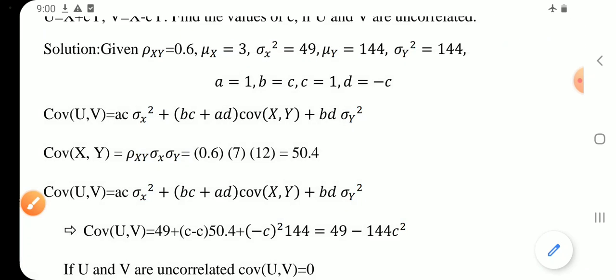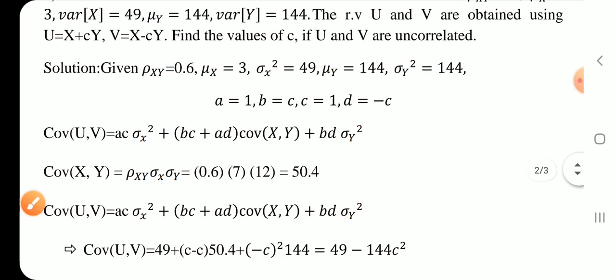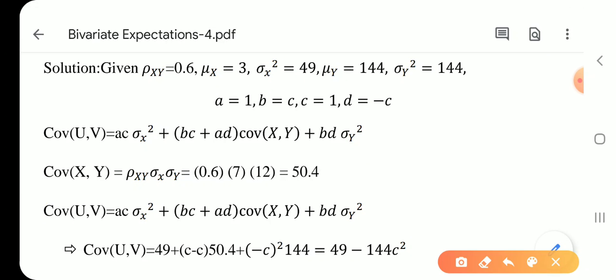So let us put the corresponding values. AC is 1, sigma x square is 49, so you get 49 here. BC is C into 1, which is C, so written C here. AD is 1 into minus C, which is minus C, so C minus C gets cancelled, it becomes 0.